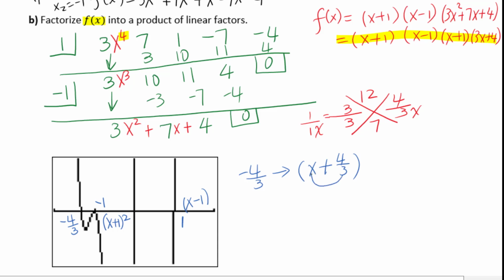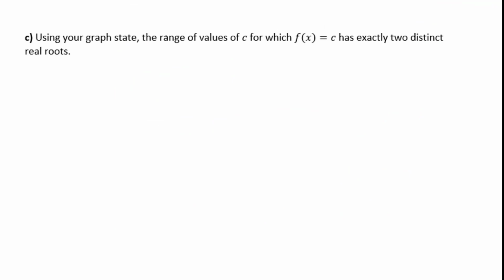Then move this 3 to the front of x. We will get 3x plus 4. Now we get the product of linear factors of f of x equals x minus 1, x plus 1 squared, 3x plus 4.